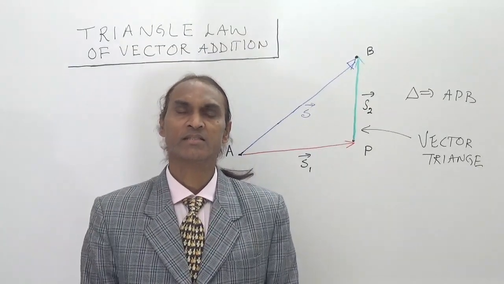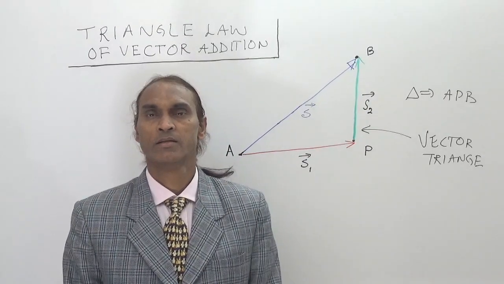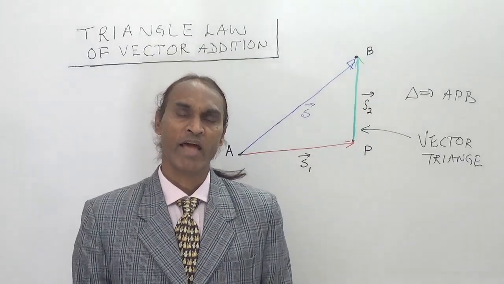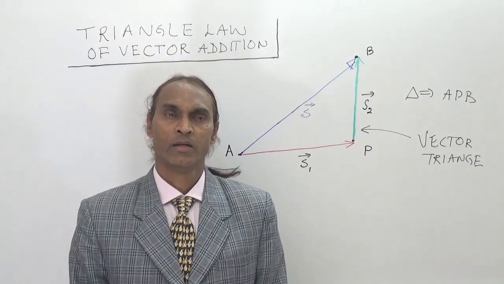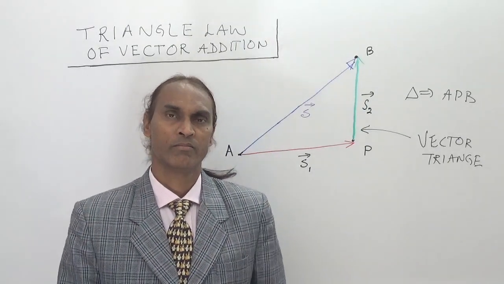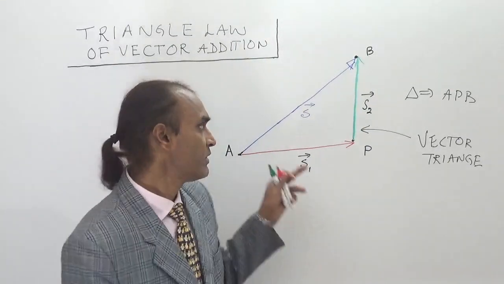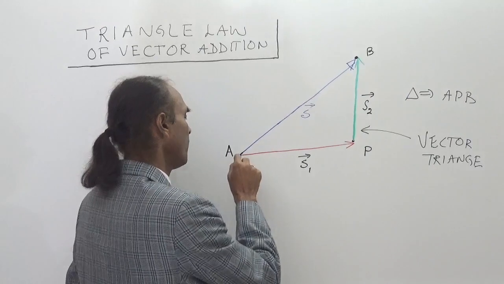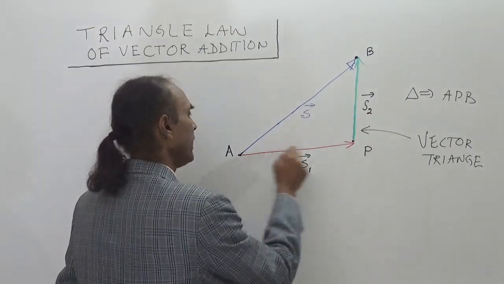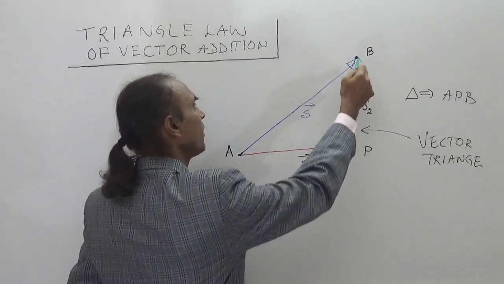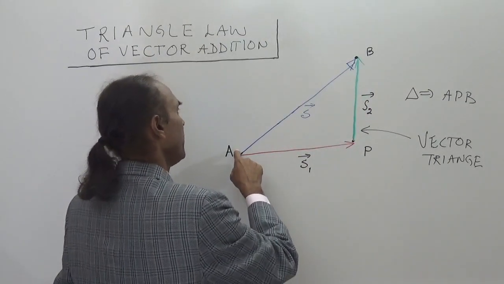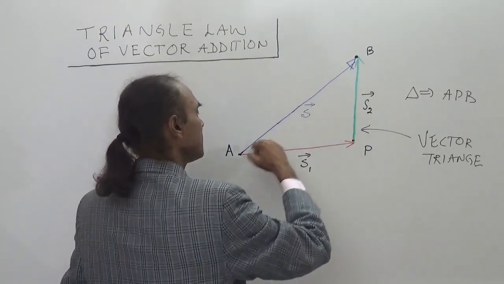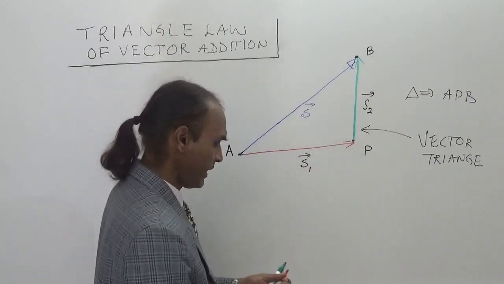After triangle of vectors, let us talk about the parallelogram law of vectors. How to convert a triangle to a parallelogram? This is a vector triangle formed by the displacement of the tip of our pen from A to P and from P to B and from A to B. So we are getting three vectors S1, S2 and S. This is the resultant.